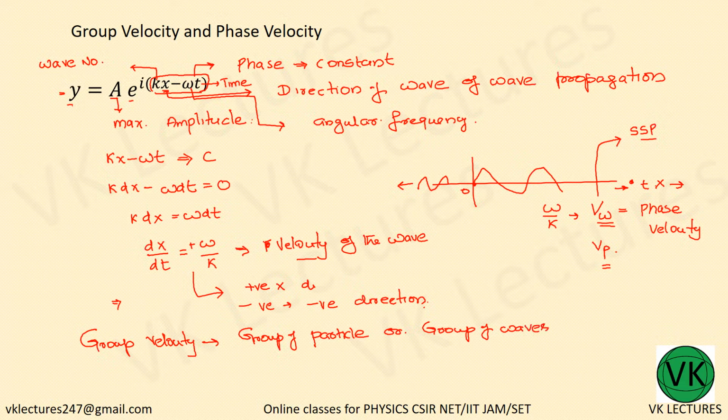It is d omega by dk, which we represent by Vg, the group velocity, or sometimes we will represent it by Ve. This E represents the rate of energy transfer.